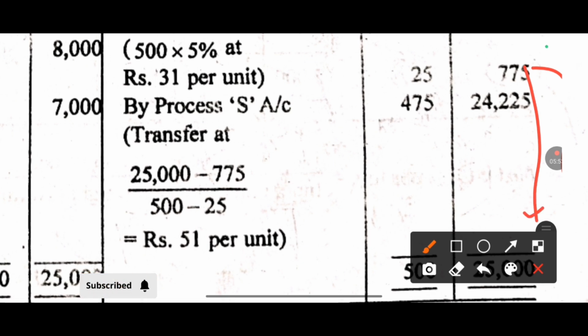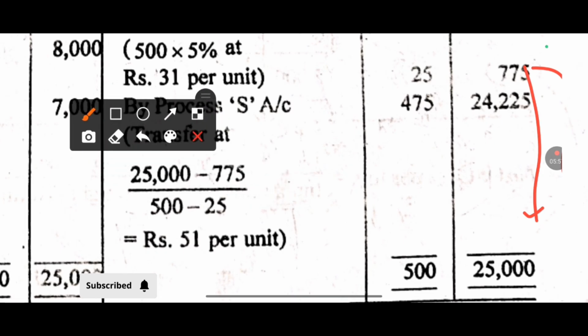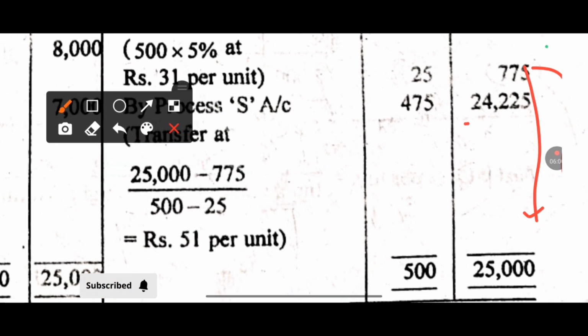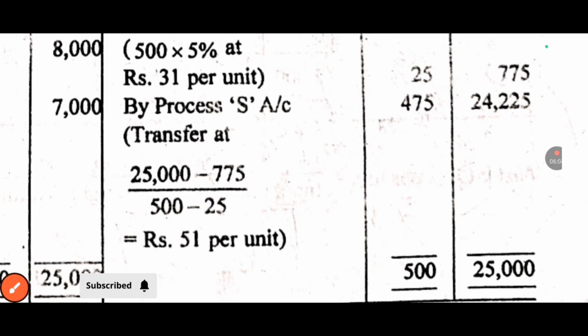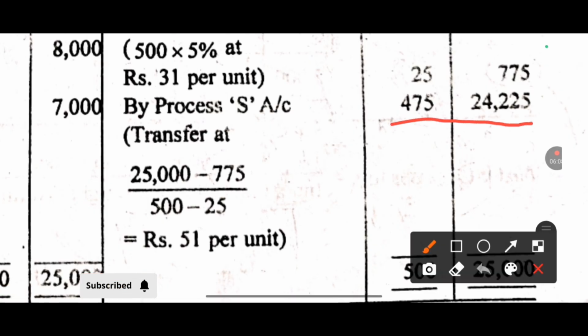The scrap value 775 will be deducted from the total cost 25,000. After deducting, you will get 24,225 rupees. So the output value is 475 units, 24,225 rupees. Okay. Against this value, it will be immediately transferred to the next process.